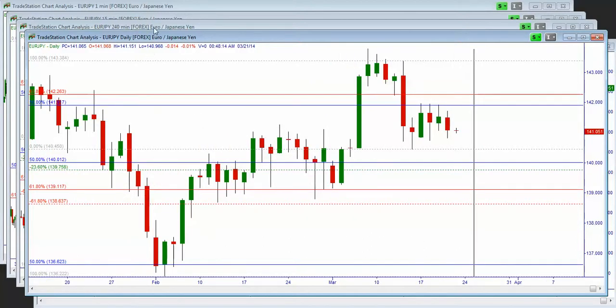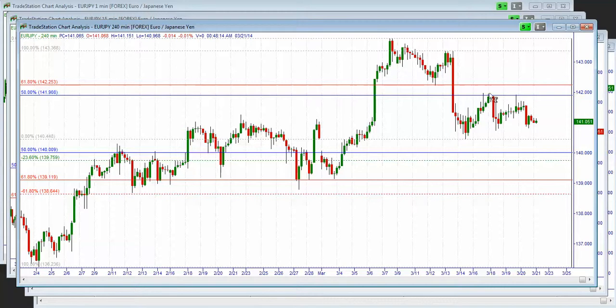On the 4-hour chart we can see the highs to lows 141.90 level, and that's just an explanation of the levels that we're going to see. The level of support is going to be 140, and we need to see whether this market will continue lower.